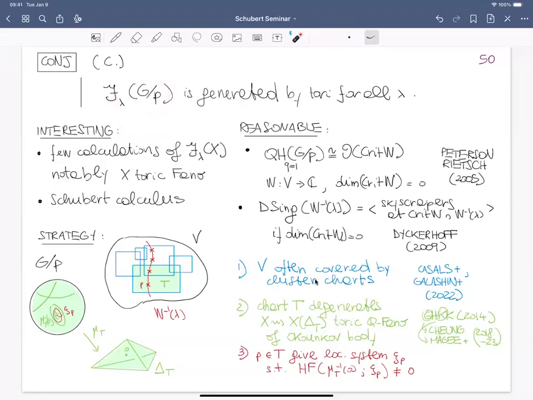And as the general strategy I'm trying to follow to obtain this kind of result of generation by the Fukaya category is to use cluster algebras and this cluster structure to look at how these critical points are distributed across the different torus charts. And what happens is that we know now in full generality that for any G mod P, the mirror has a cluster structure.